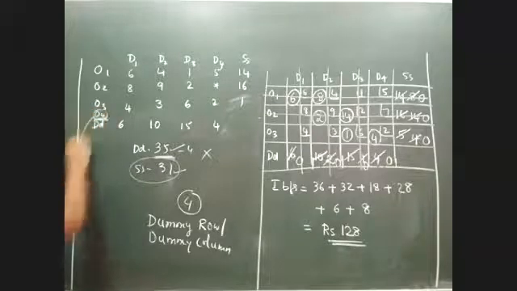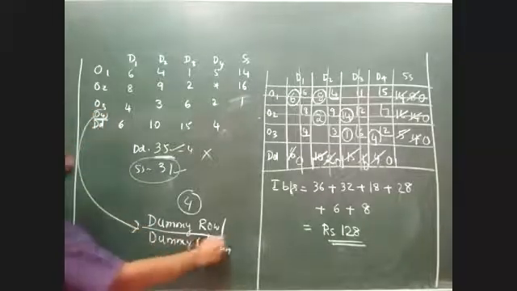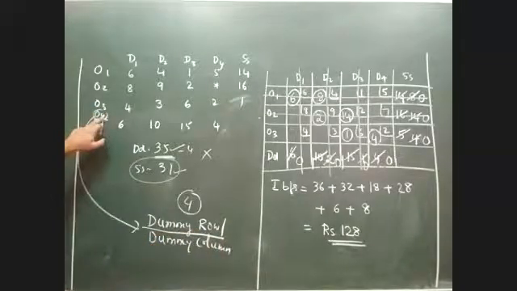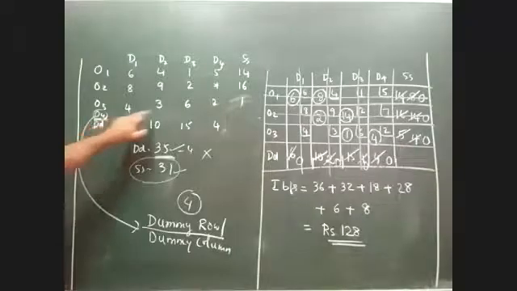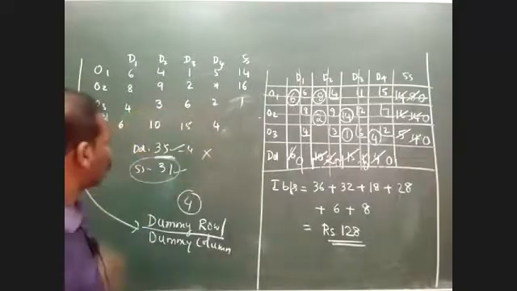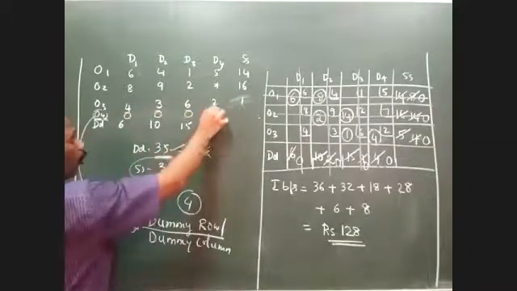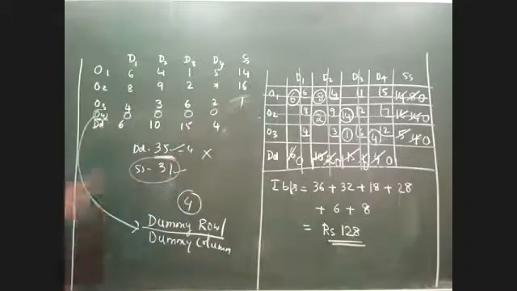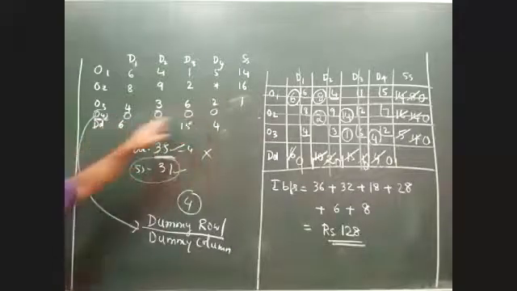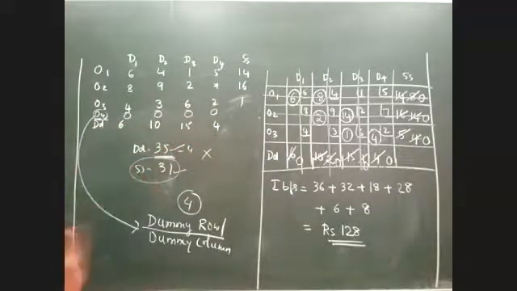This O4 is called the dummy row. Whenever I am introducing a dummy row, the unit transportation cost of that particular row shall be made 0. For all dummy rows or dummy columns, the elements have to be taken as 0 because this is imaginary. It doesn't exist practically. It is only to balance the problem.